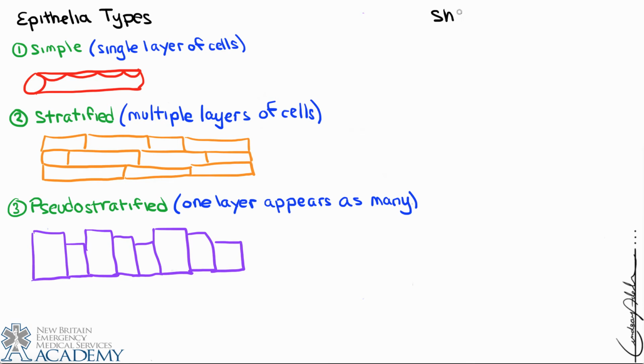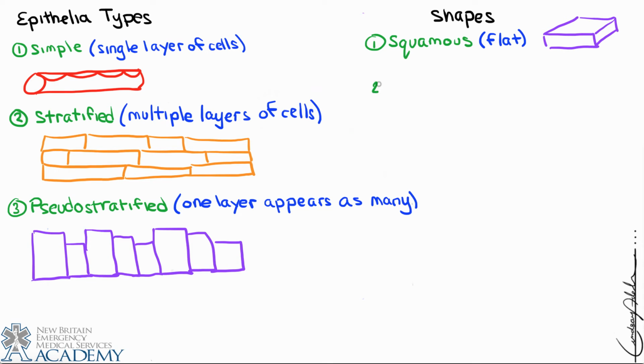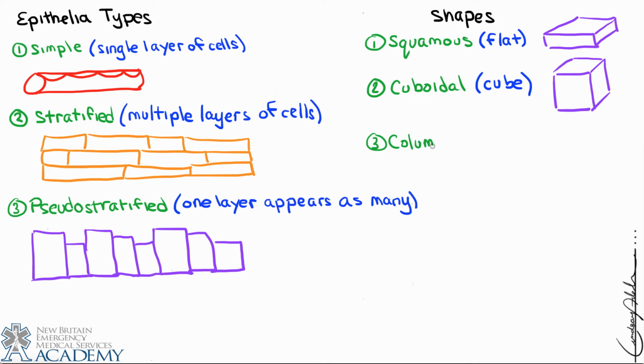We can also have different shapes of epithelia. So first we have squamous. Squamous basically refers to flat cells. You have to remember the cell is a three-dimensional structure, but squamous cells are particularly flat. We also have cuboidal, which take a cube shape, and columnar, which takes a column shape.